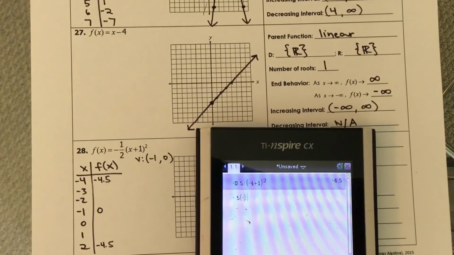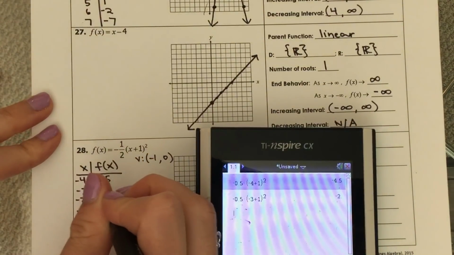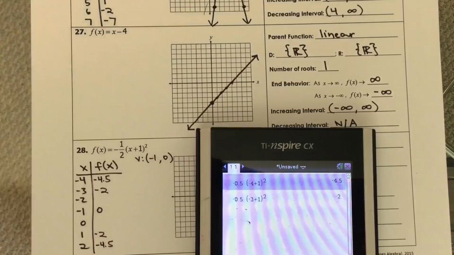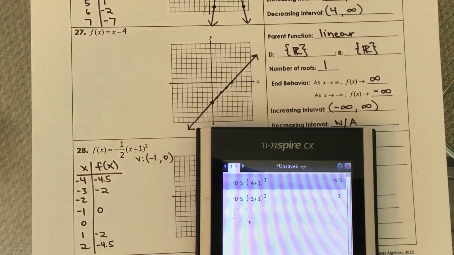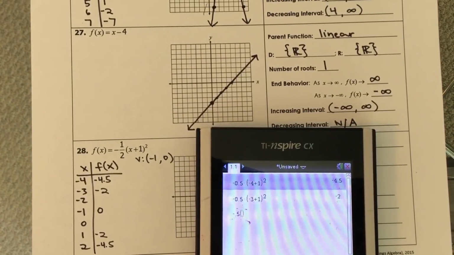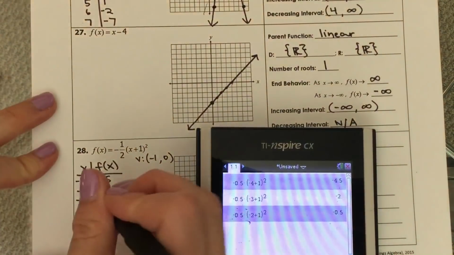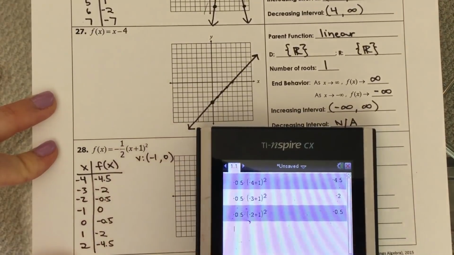And -3 plus 1 squared. So that is a -2, which gets mirrored here. And last one is the -2, or you could plug in the 0 and mirror it here. I just do the left because those are the first ones that are listed. So the -2, we have a -0.5 out front, -2 plus 1 squared. And that would be -0.5, which means so is this one.